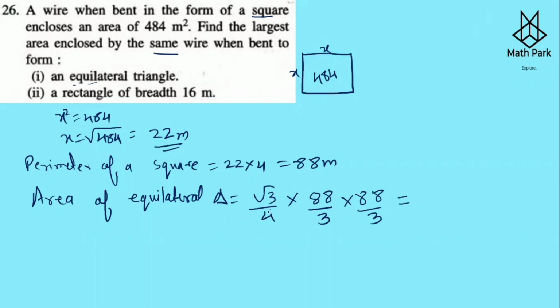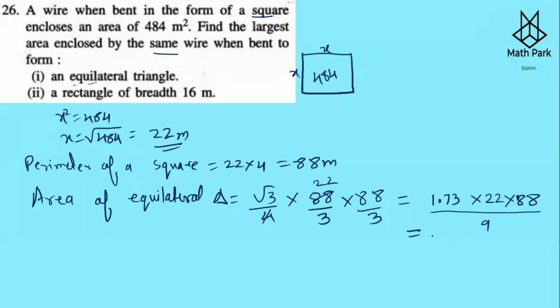So it is 4 ones are 4, 22 twos are. The root 3 value we can take as 1.73, into 22 into 88, and this divided by 3 threes are 9. So let us calculate this.